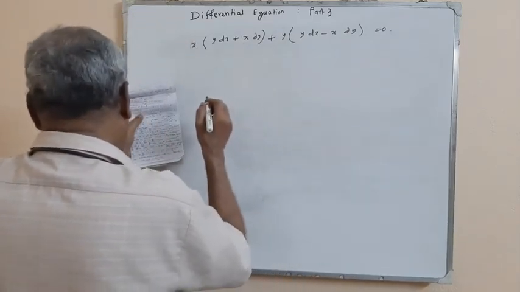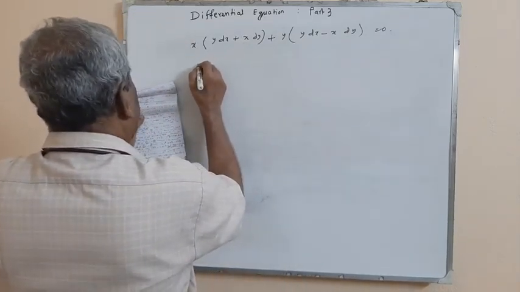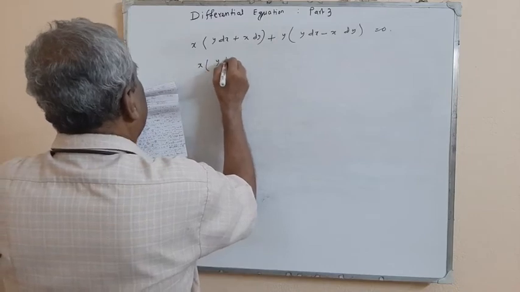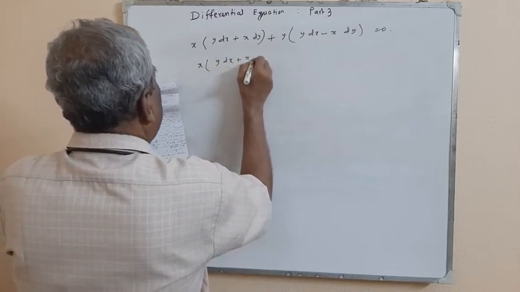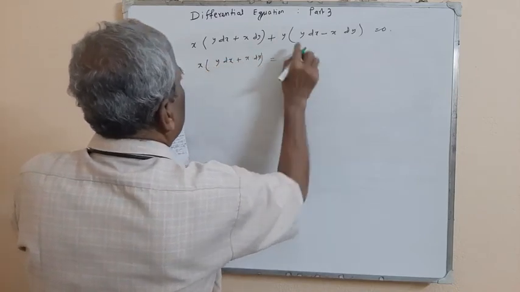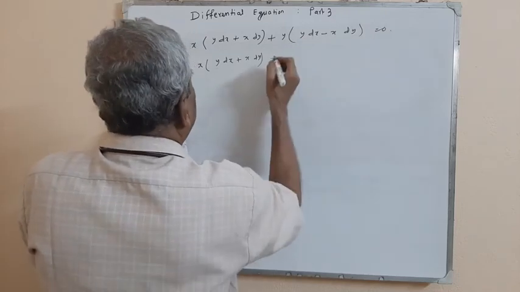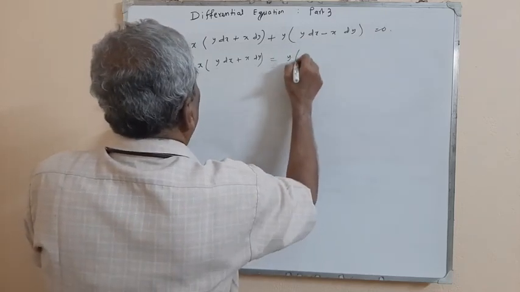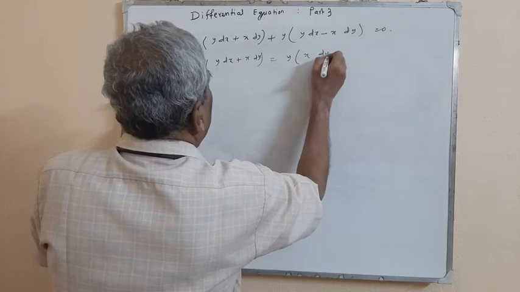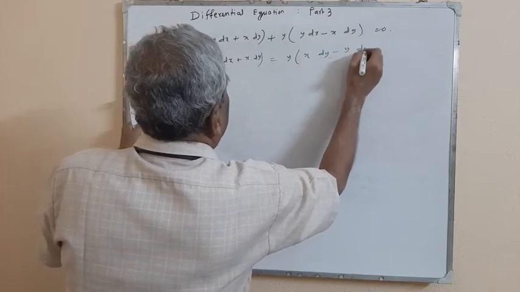So x into y dx plus x dy is equal to, take it to that side, y into x dy minus y dx.